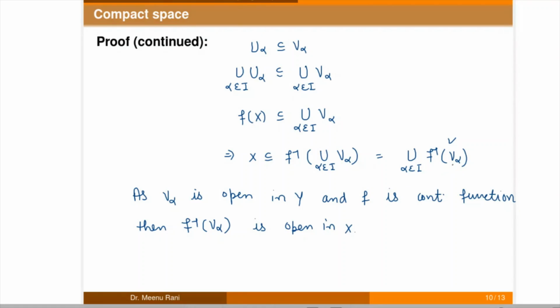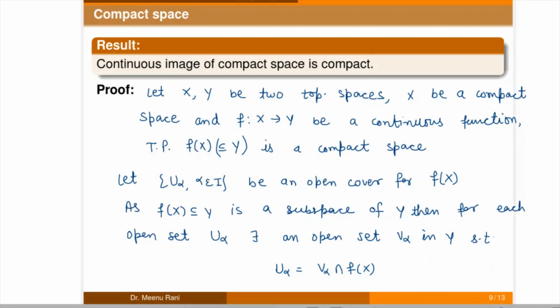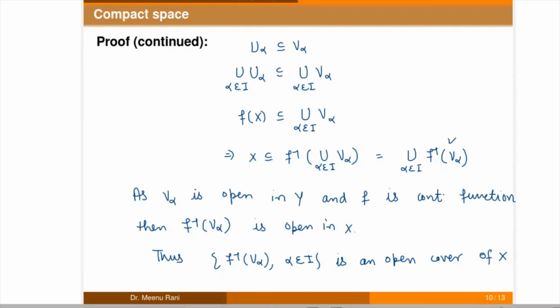So it is a collection of open sets which covers x. Thus this collection f inverse of v alpha is an open cover of x, and it is given that x is a compact space. So x is a compact space, then this open cover reduces to a finite subcover.